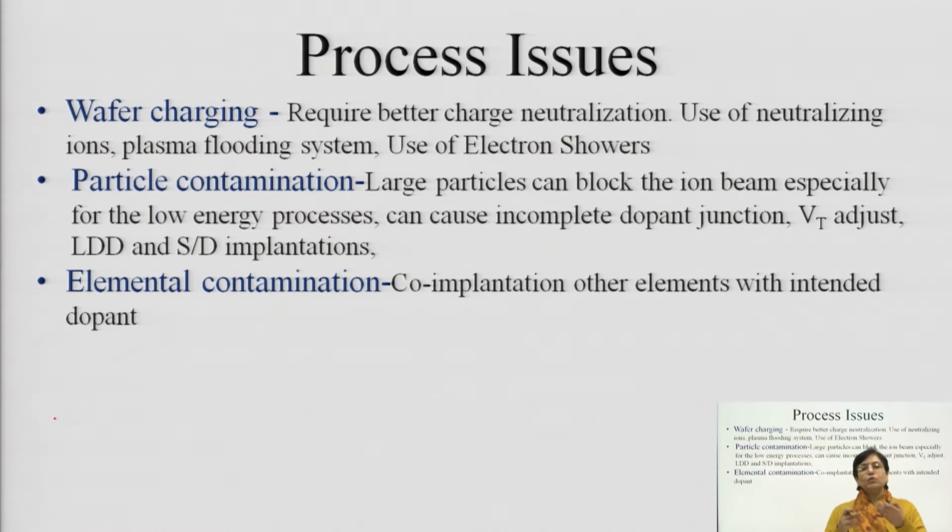Depending upon those variations, when you are carrying out those variations in the beam current by the analyzer magnet, there is a possibility that it can subsequently contaminate the unwanted area, or unwanted dopant species may get included onto your substrate, and that can also hamper the overall reliability of the devices which are getting fabricated.